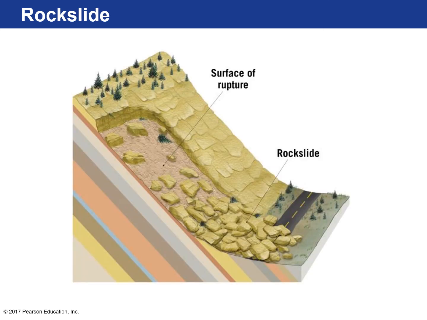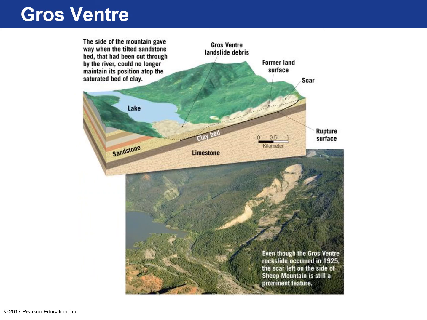Here's an example of a rock slide. So we have rocks outcropped in this area. Okay, under the influence of gravity, they moved down and collapsed, covering an entire area. Here's one event that occurred in 1925.